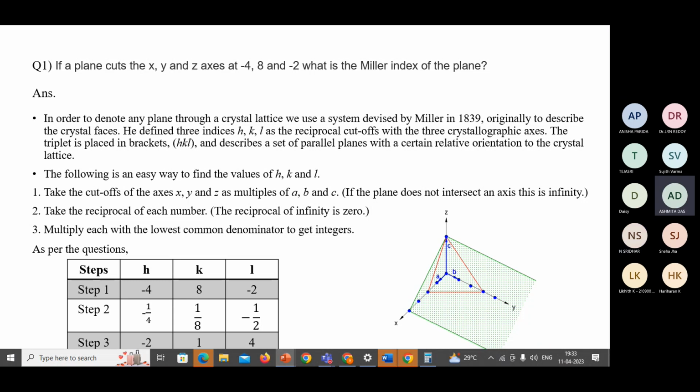It basically denotes the lattice plane, and it is described by three integers, that is h, k, and l. These are the Miller indices.